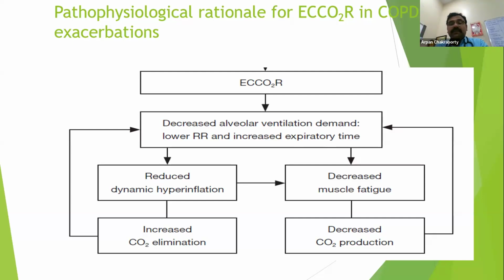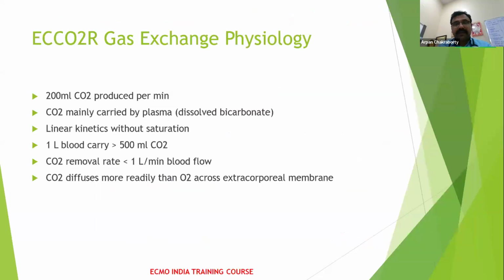This causes reduced muscle fatigue and a decrease in CO2 production. Another effect is reduced dynamic hyperinflation and increased CO2 elimination. Now, as you know, CO2 is much more soluble than oxygen, and it only needs 500 ml of flow to take out the whole CO2 that we produce every day.